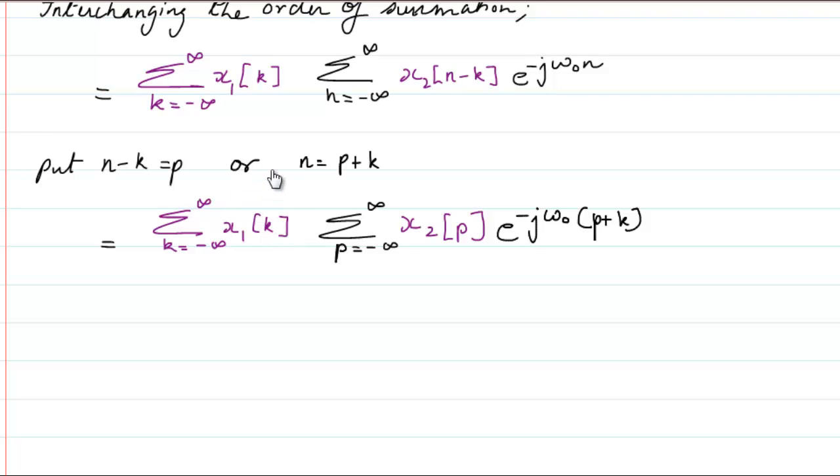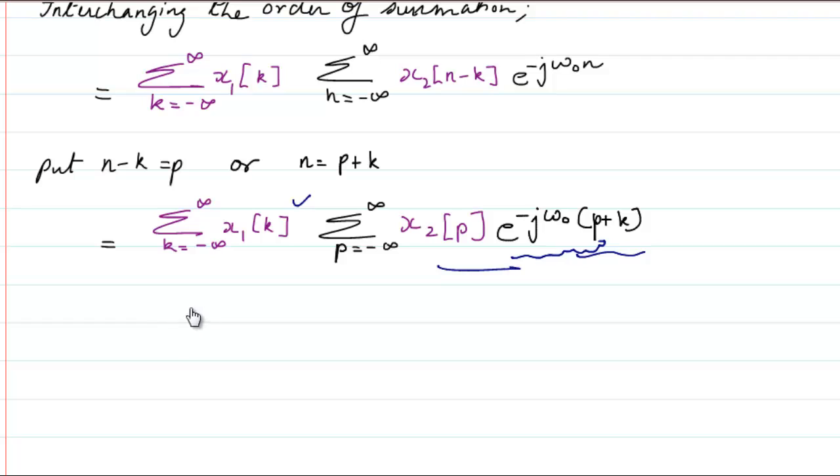Now here what I will do is I will split these two into two parts, e raised to power minus j omega naught p and e raised to power minus j omega naught k. This e raised to power minus j omega naught p I will use here itself, whereas e raised to power minus j omega naught k I will take it to this side.